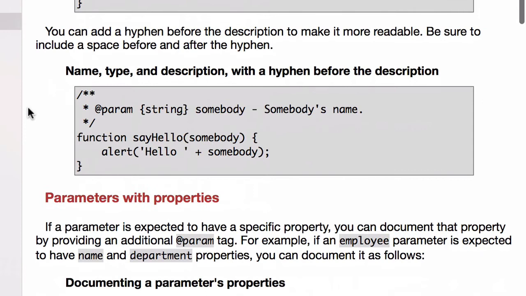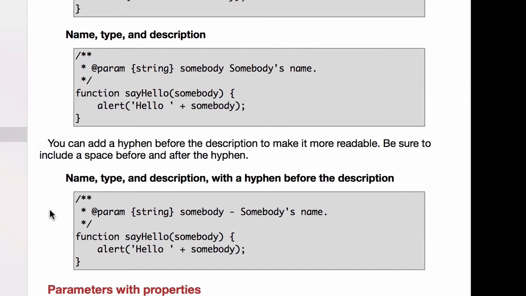So you can have a minus sign after the name, so it's obvious that the first word is not actually part of the sentence. The first word is the name of the argument or the parameter, and then the sentence begins. So I like the minus form. Basically, the two examples on screen here will have the same output, but I find the second one clearer, so that's the format I use.